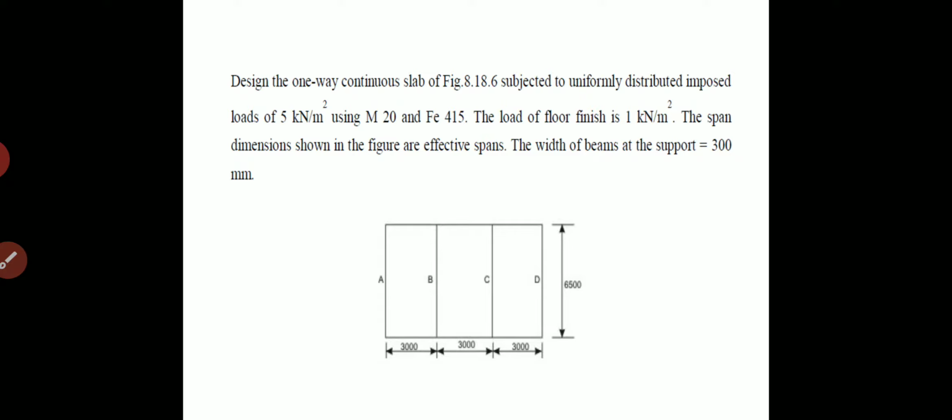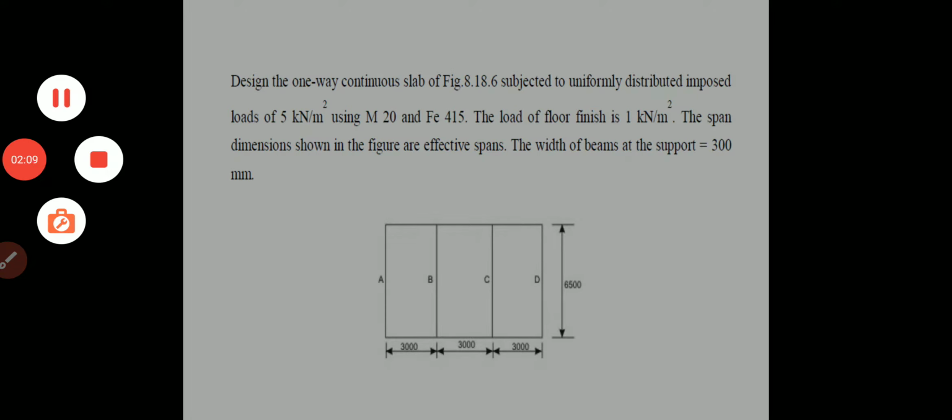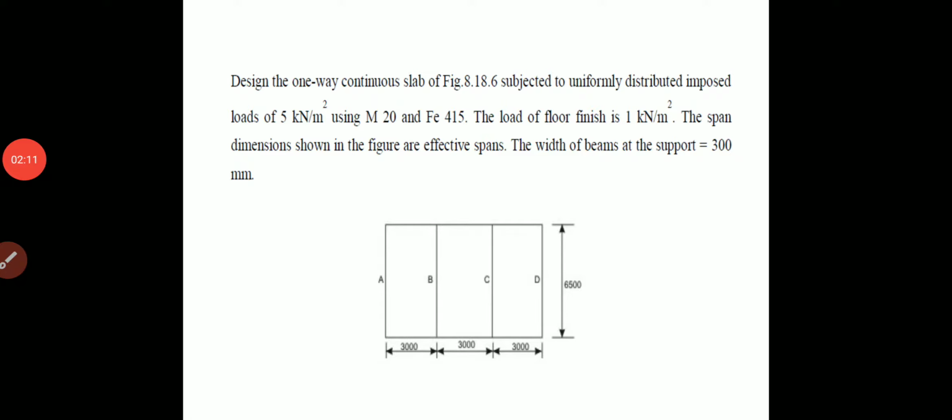Now we solve this question. Here M20 means grade of concrete M20, which has characteristic strength 20 Newton per mm square, and Fe 415 is the steel grade, whose yield strength is 415 Newton per mm square.